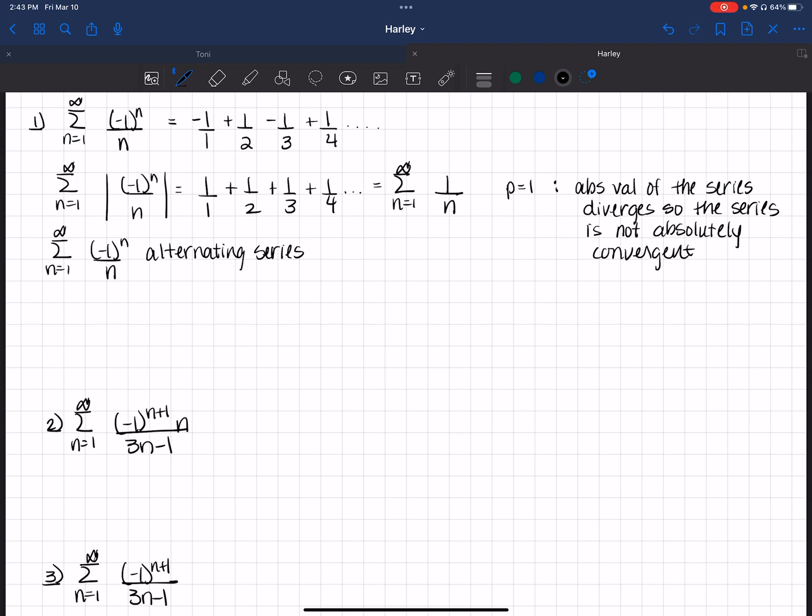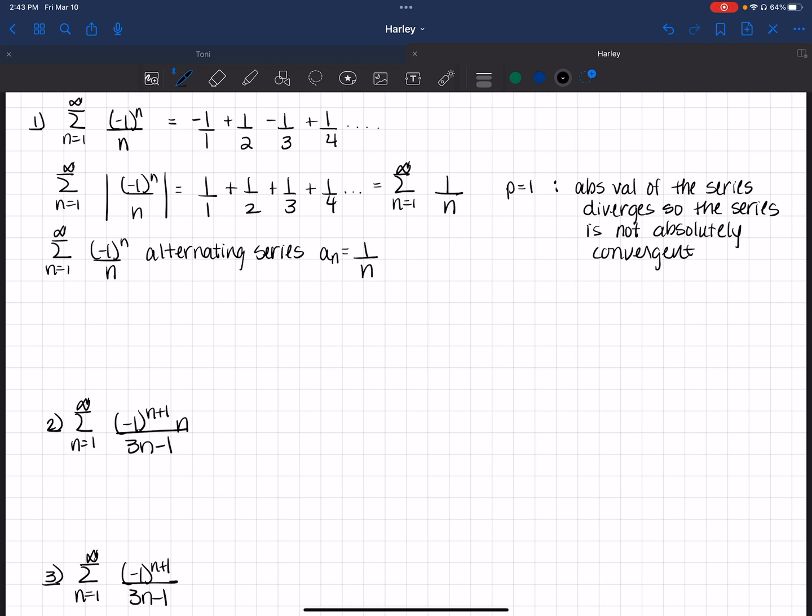But the first thing I have to do is take out the part that makes it alternate, which is the (-1)^n, and I have to find a sub n. So in this particular case, a sub n is going to equal 1 over n, because that's what's left once I remove the part that makes it alternate.